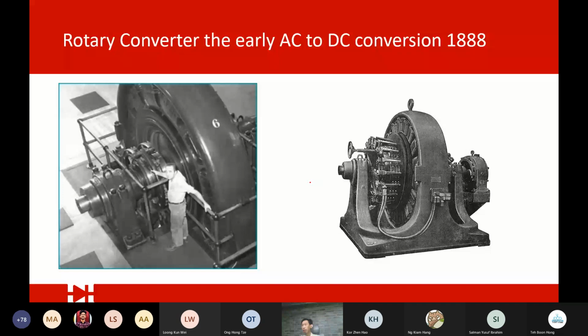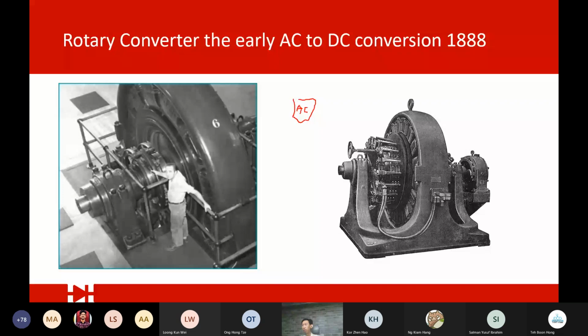So what they did is basically couple an AC motor to a DC machine. For example, in this picture you can see one generator and one motor, supposedly just coupled as one set. They would have an AC induction motor where the power comes in as AC.